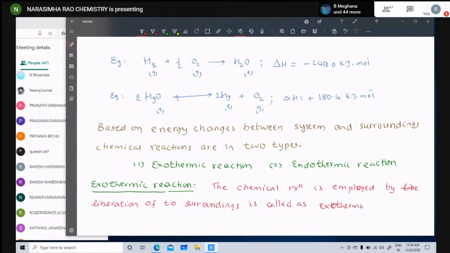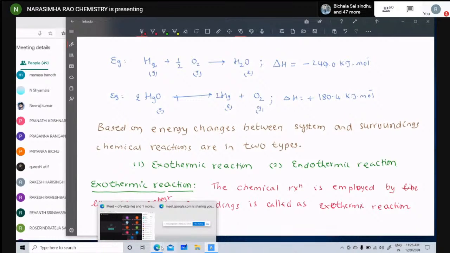Liberation of heat to surroundings is called as exothermic reactions. It's clear, children. So let me take one more example for this one.